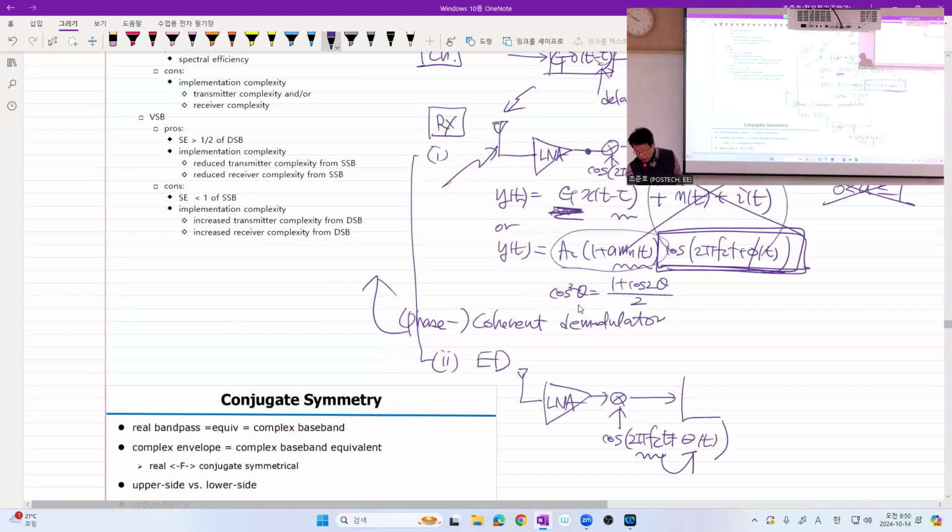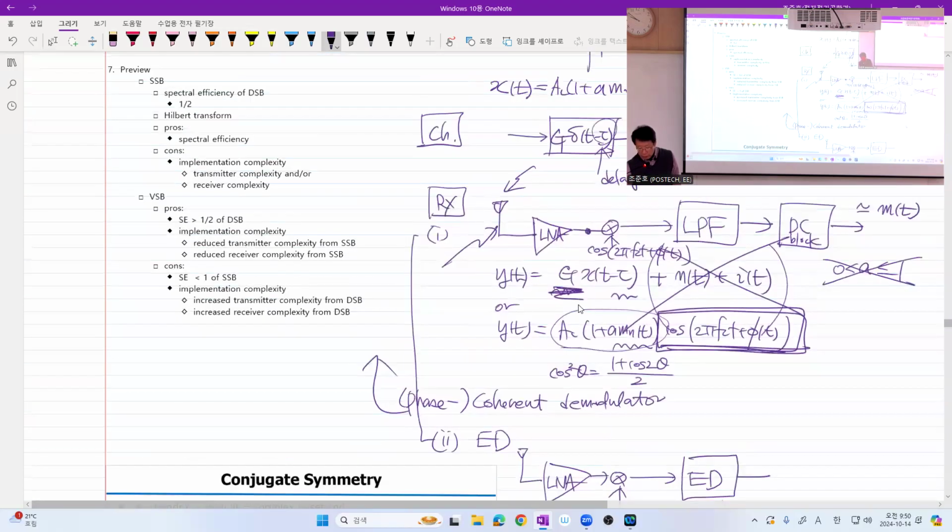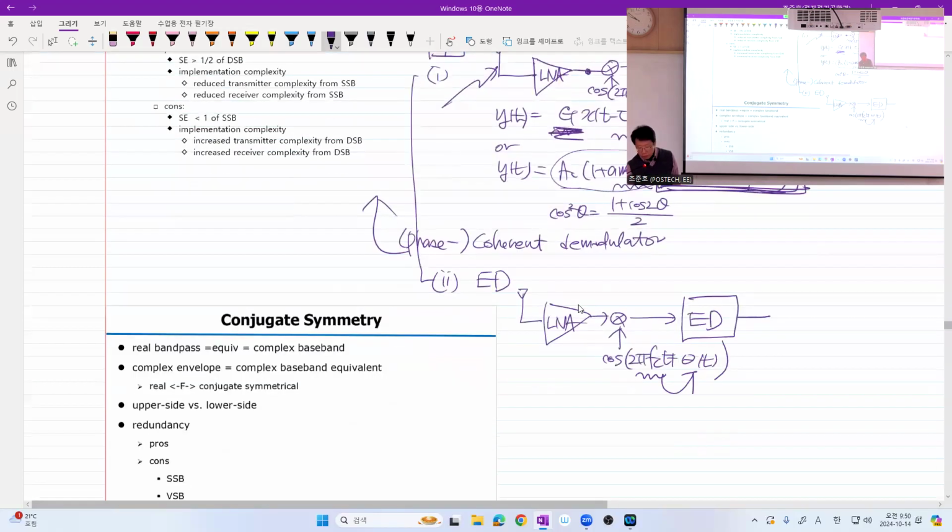And then here goes the envelope detector. Then you have the envelope of this signal.